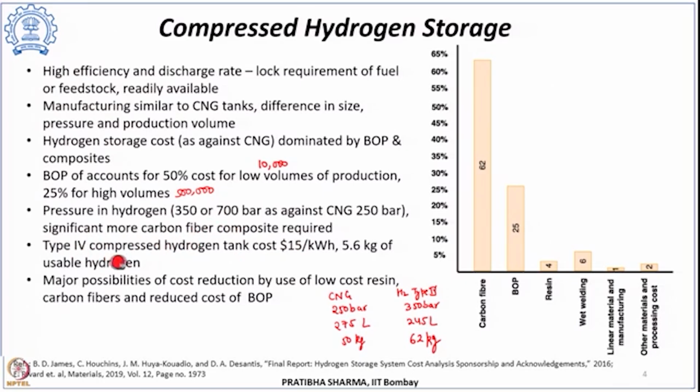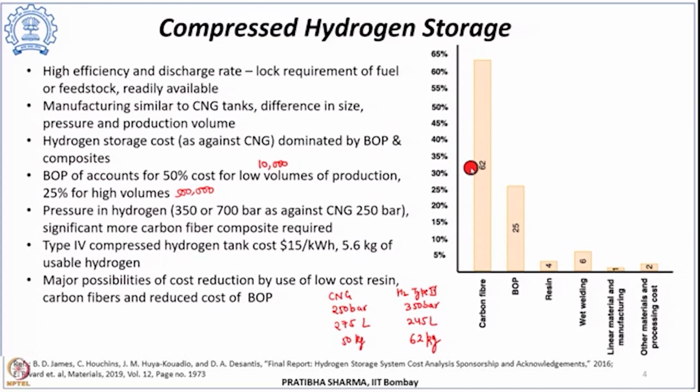So for a type 4 compressed hydrogen tank, it is found that the typical cost is around $15 per kilowatt hour, and the tanks can store 5.6 kg of usable hydrogen for vehicular application. Now the major cost in the compressed hydrogen tank is carbon fiber, 62% of it.